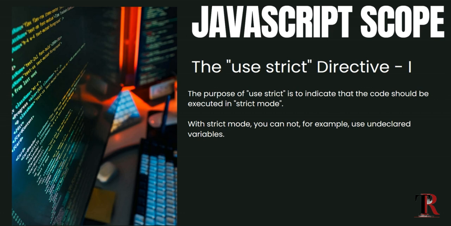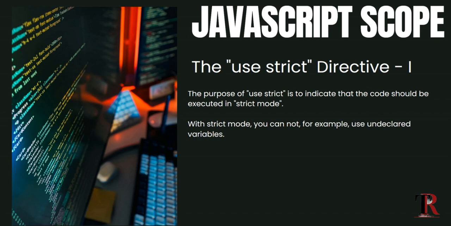So we were able to see how hoisting works, especially when it comes to variable declaration with different variable keywords and functions. And so in this lesson, we take a look at the use strict directive, how use strict works in JavaScript, especially when it is turned on in your code or in any part of your code block.